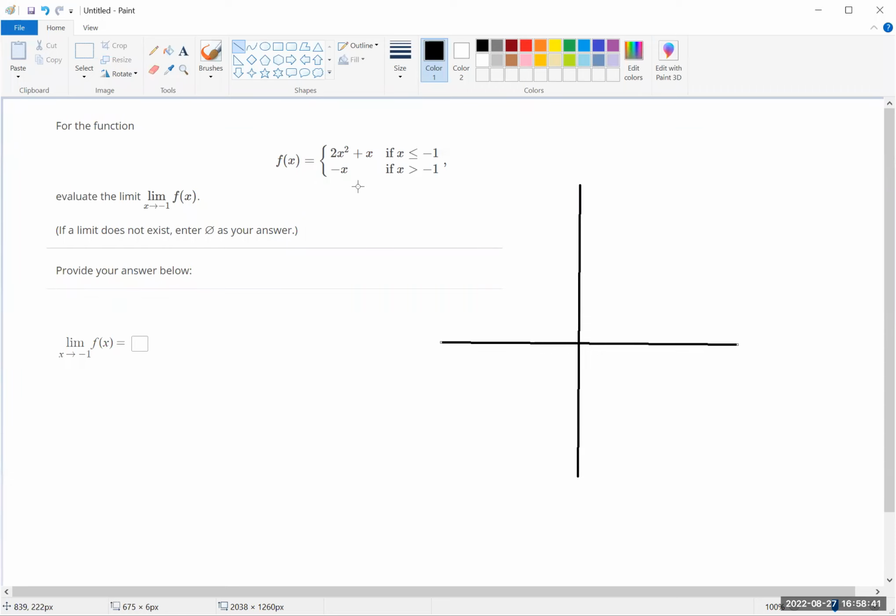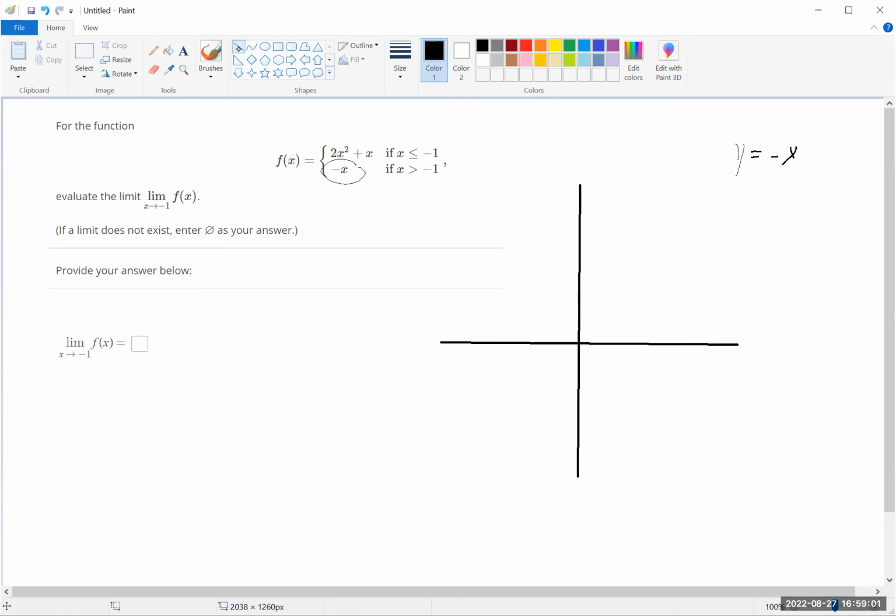So just for the sake of simplicity, I think I'm going to start with this piece because it's basically the line y equals negative x. So that should be fairly easy to do.